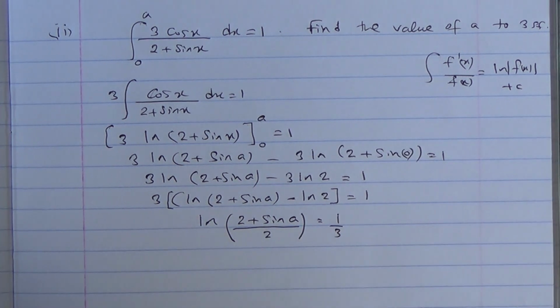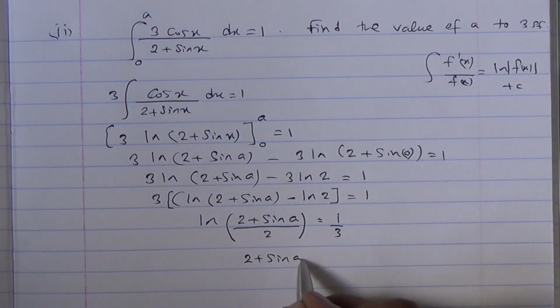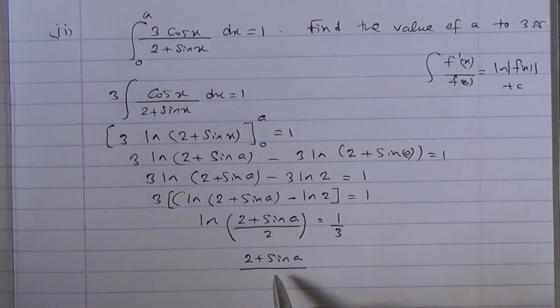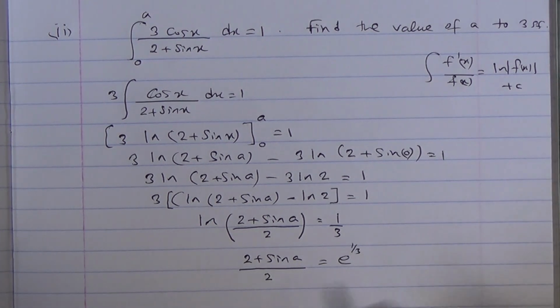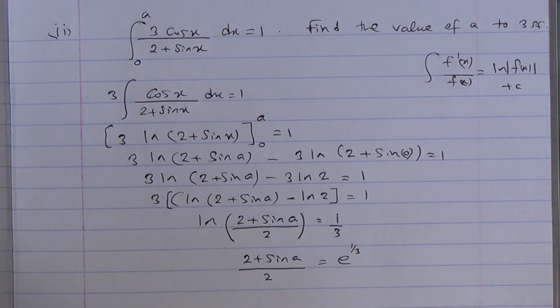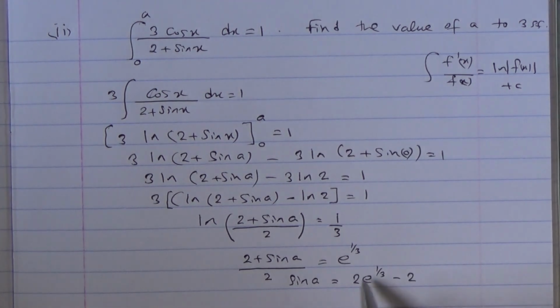So 2 plus sine a divided by 2 is equal to e to the 1/3. Therefore sine of a is equal to 2e to the 1/3, minus 2.